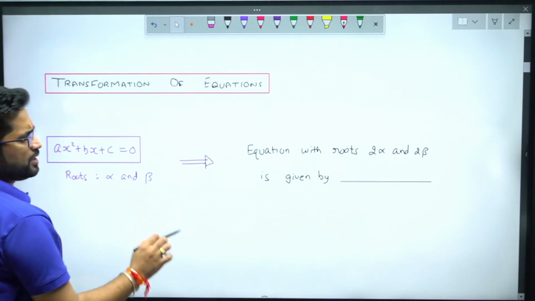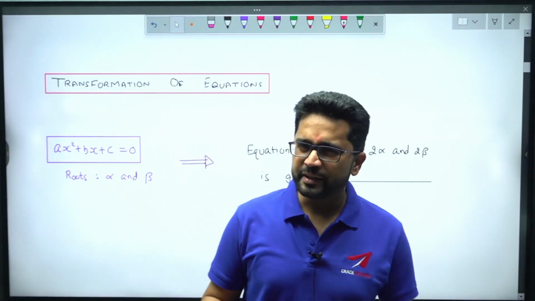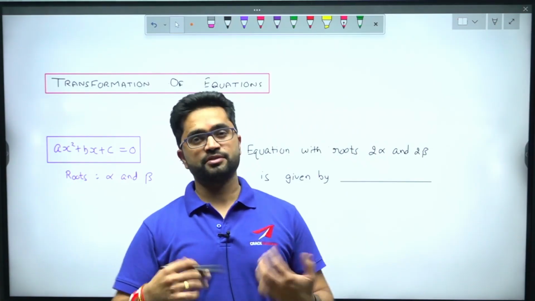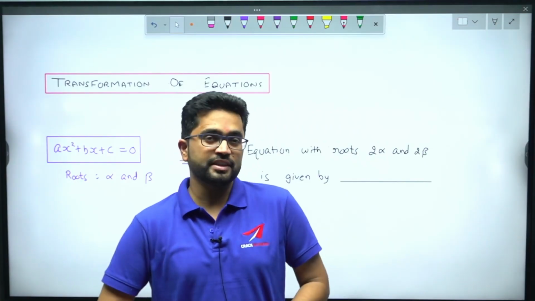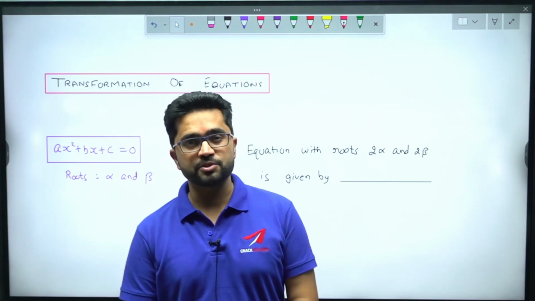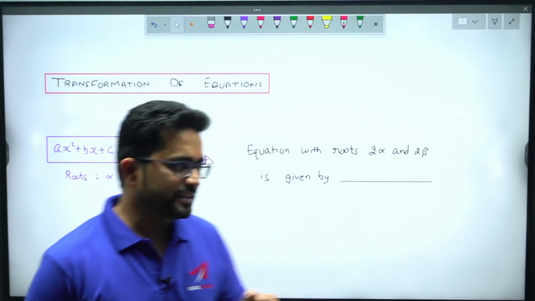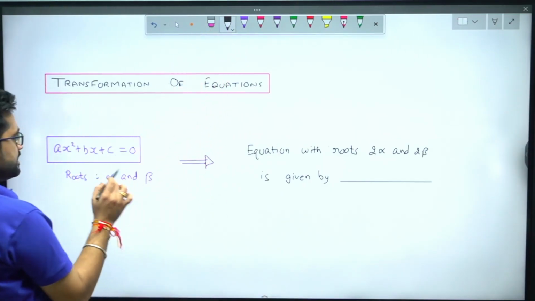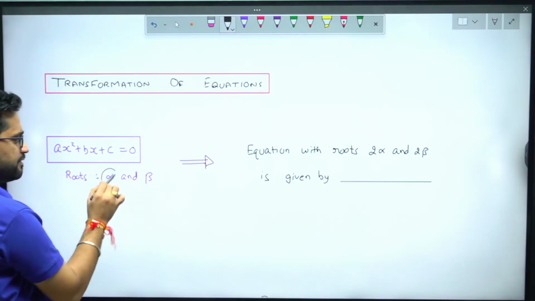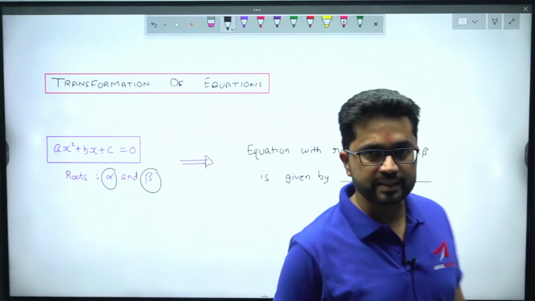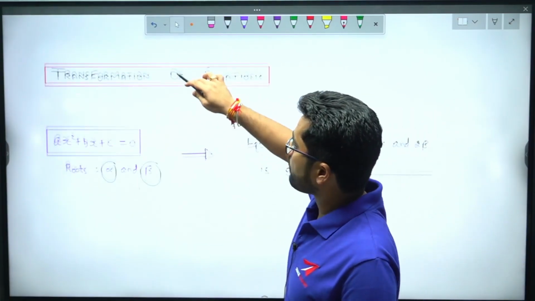So let's have a very basic example. I'll try to solve the example in a subjective way, then we'll see some shortcut techniques, some observations, and thereafter we'll apply those observations in the subsequent questions. Let's say ax square plus bx plus c equals 0 is having roots as alpha and beta.